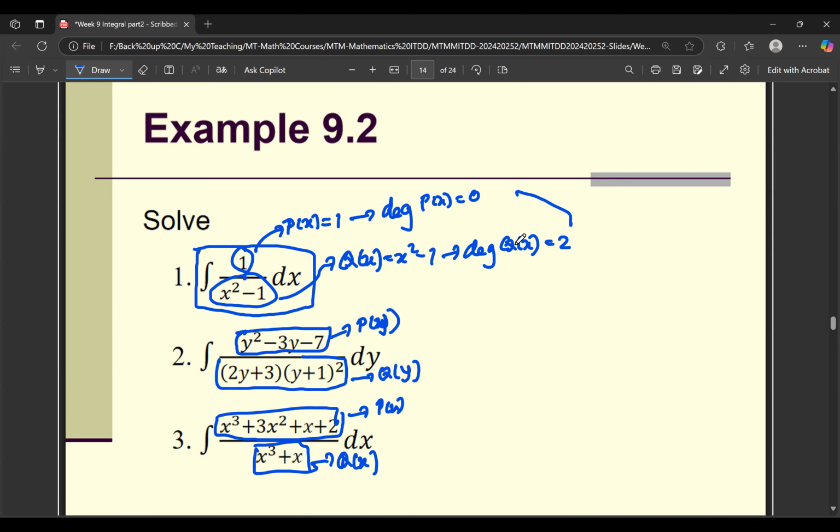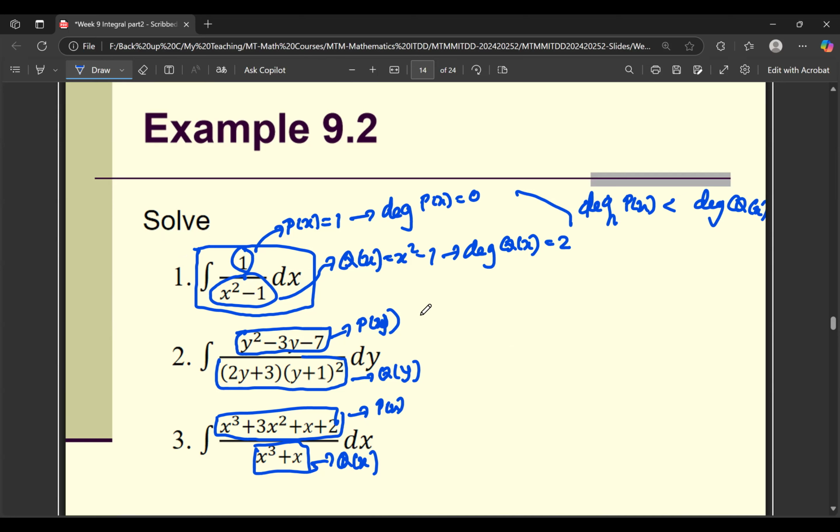So the degree of Px is less than the degree of Qx, which means we already have step one and can jump into step two.